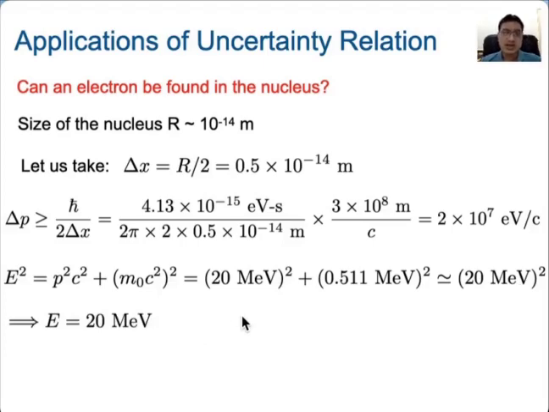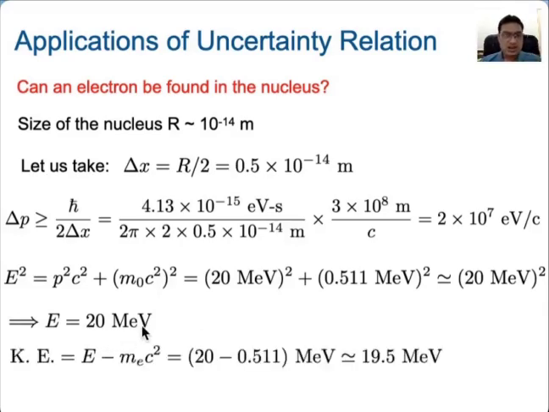Do you know what the energy of an electron is, for example, in a hydrogen atom? These energies are of the order of some eV. I mean, you cannot define a precise energy of an electron, but you can define the energy of your energy levels, which are a few eV. So this energy is much higher than these energies. Or if you want to calculate the kinetic energy, the kinetic energy is the total energy minus the rest mass energy.